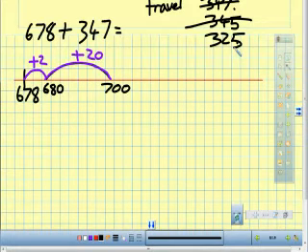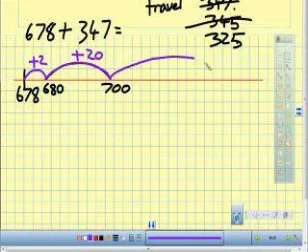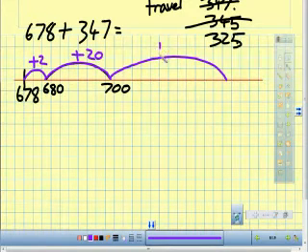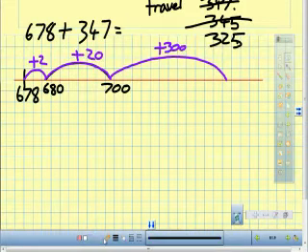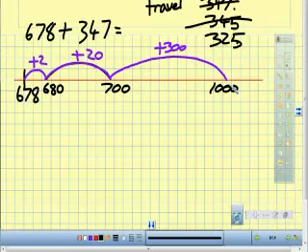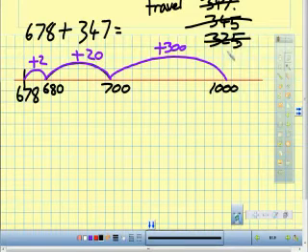Okay. Now, as I said, I've become a pretty good mathematician now. So what I'm going to do is go from 700 and go up a great big whopping 300 on my number line, because I know that's going to take me to 1,000. And remember, I've got to take my 300 off so I can see what I'm left with.